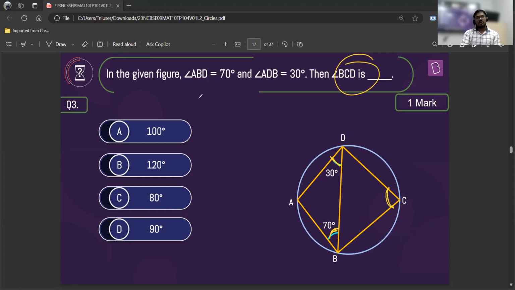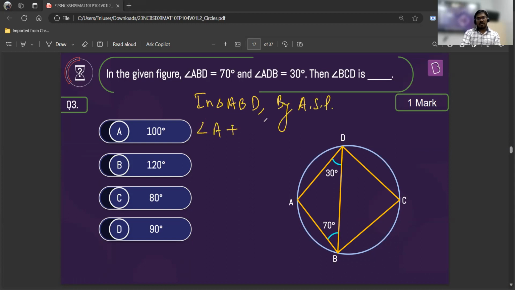Yeah, of course, you know how to solve this question. Let me help you. Let's just look at triangle ABD. By the angle sum property, angle A plus angle B plus angle D is equal to 180.